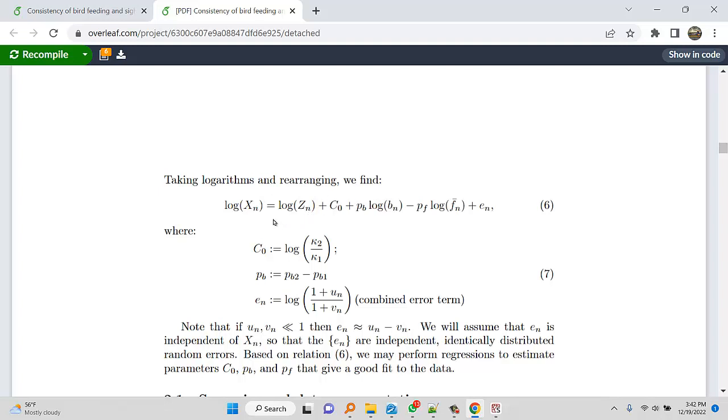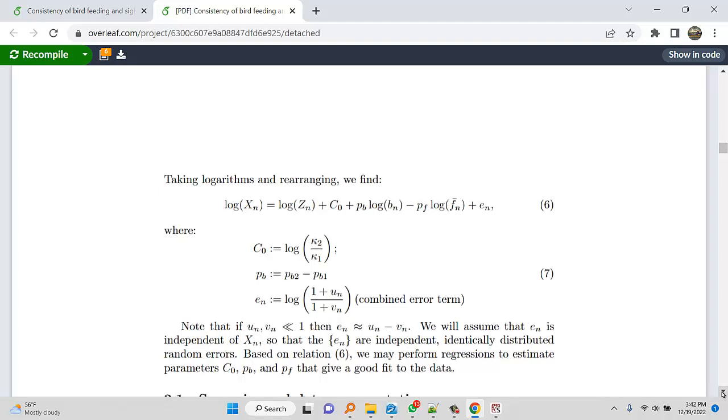Right, we have the term that depends on the transect observation, the point count, and then a constant, another term that depends on the bird weight, another term that depends on the fruit weight, and then this is the error term. Right? So the point is to estimate these parameters, C0, PB, and PF.